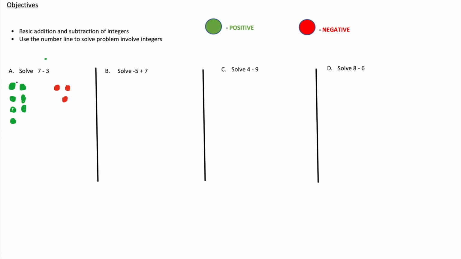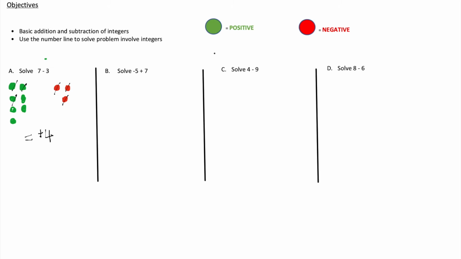So 1 green, cancel, cancel, cancel. Here we're left with 4 units. So therefore the answer for this question will be +4.